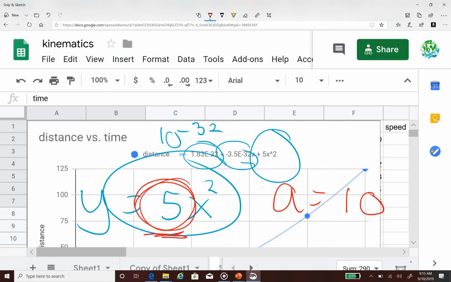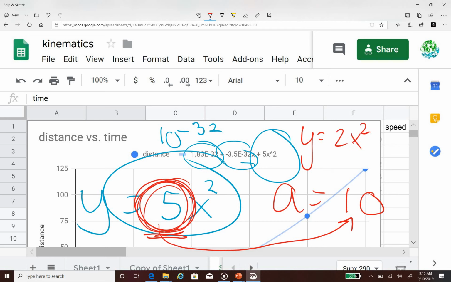The number in front of it is actually half of the acceleration. In other words, the actual acceleration of this line is double the number you see in front of the x squared value. So, if you get a graph, and this is y equals 2x squared, the acceleration is actually 4. If it's 3x squared, the actual acceleration of my object is 6.